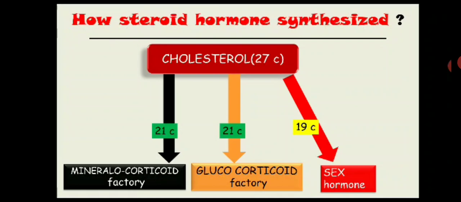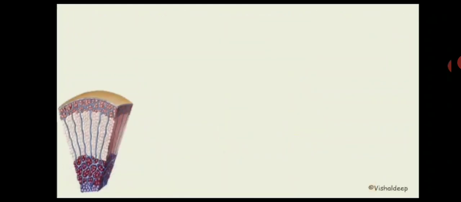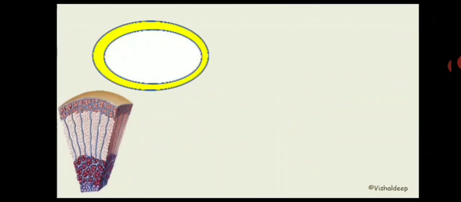So let's see how steroid hormone synthesis will take place. See this entire white slide as one cell that will eventually synthesize the sex hormone, the steroid hormone. In this cell, there is a mitochondria. The yellow colored portion is the mitochondrial wall, and this entire round structure is the mitochondria.